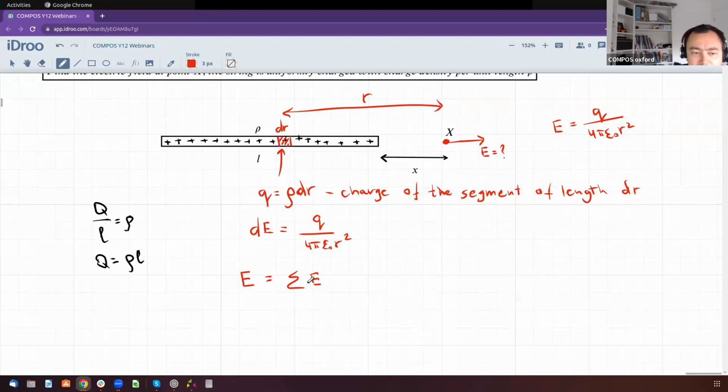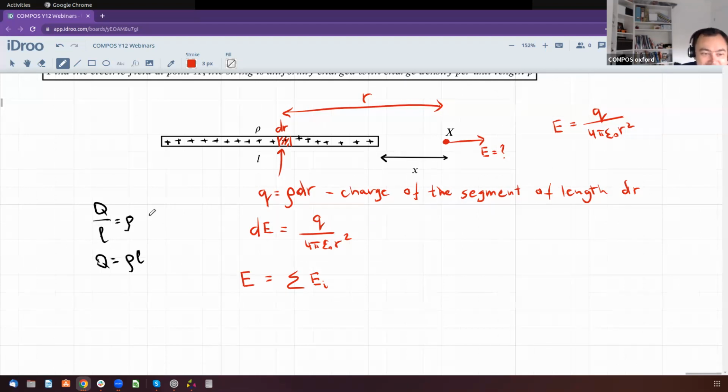Sum of E_i. So the total electric field is the vector sum of all fields. But because they're all in the same direction, it's just the sum of each. And we know that as you make the sections very, very small, the sum becomes the integral.